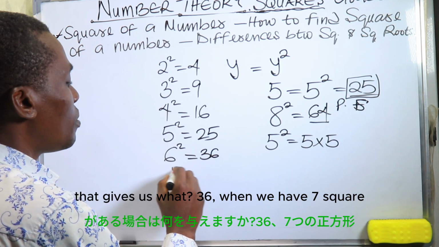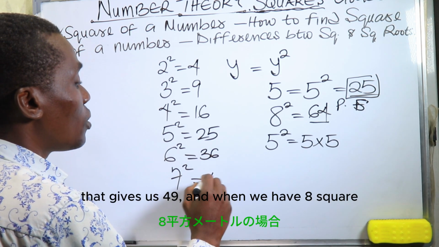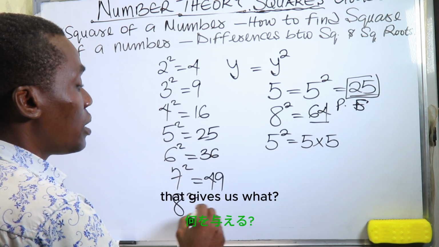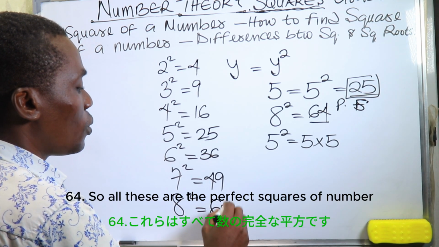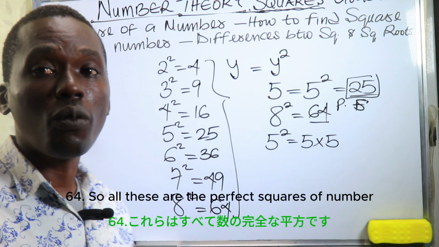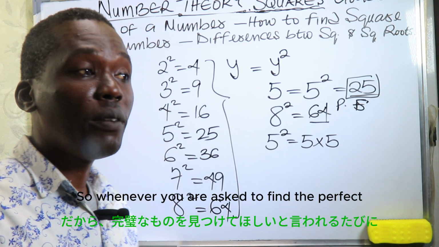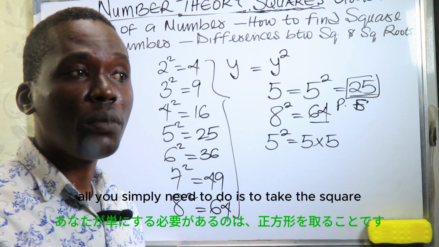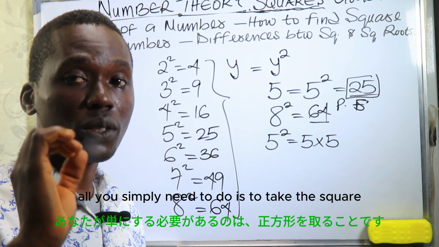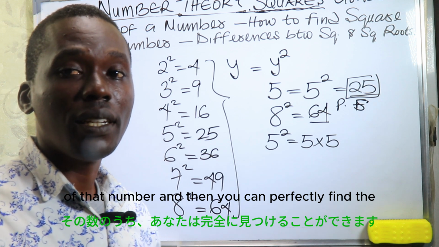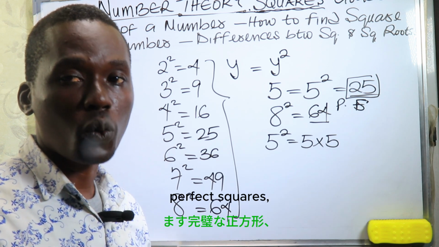When we have 7 squared, that gives us 49. And when we have 8 squared, that gives us what? 64. So all these are the perfect squares of numbers. So whenever you're asked to find the perfect square of a number, all you simply need to do is to take the square of that number, and then you can perfectly find the perfect squares.